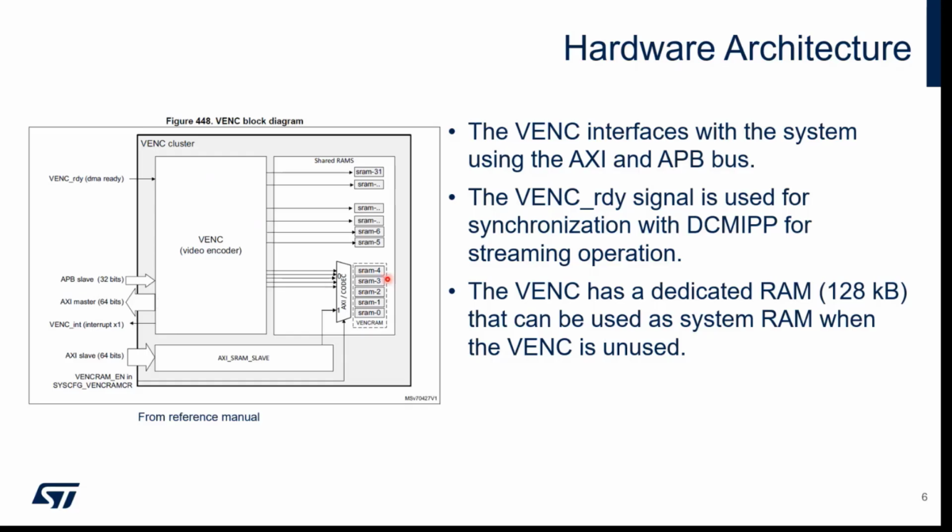It also has an internal SRAM memory, which, if we are not using the video encoder, we can use as RAM, but if we use the video encoder, it's allocated to the video encoder. We have as well this VENC ready signal from the camera pipeline, so we can automatically start the encoding once we receive the image from the camera.